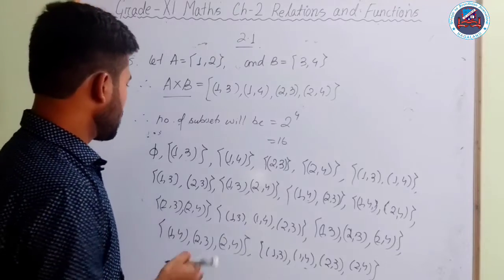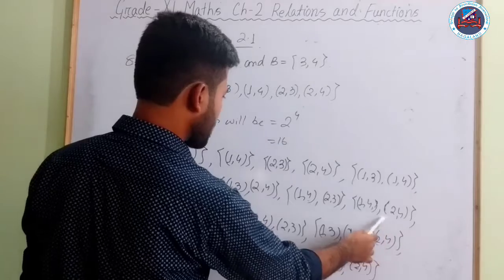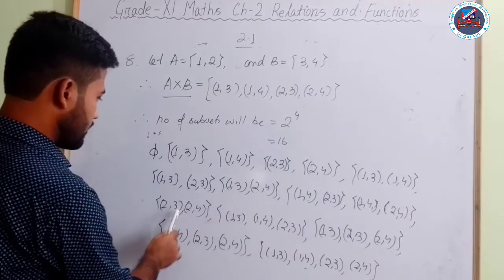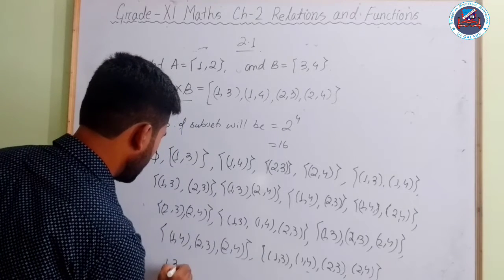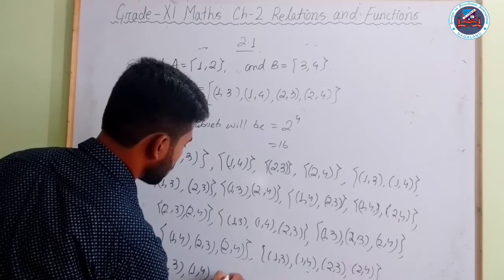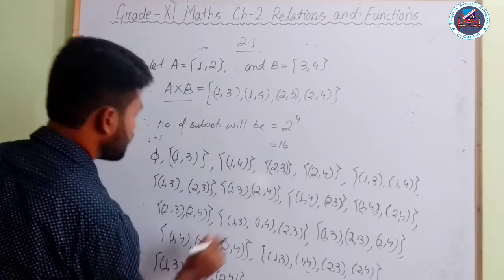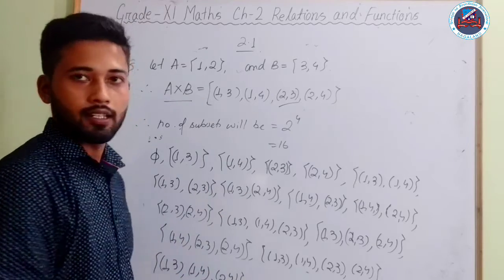Fine. So how many subsets are there? 1, 2, 3, 4, 5, 6, 7, 8, 9, 10, 11, 12, 13, 14, 15 will be there, and the one with 1 3, 1 4 and 2 4 is also counted. So we have got 16 subsets.